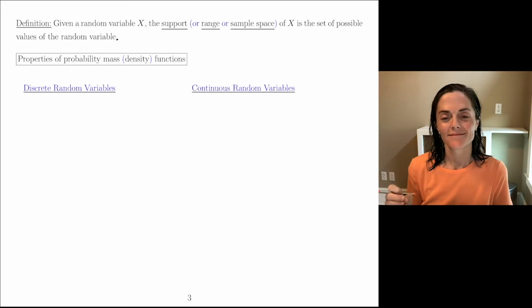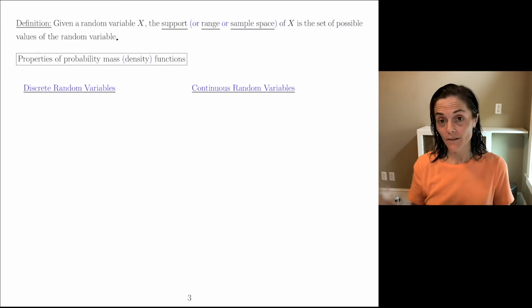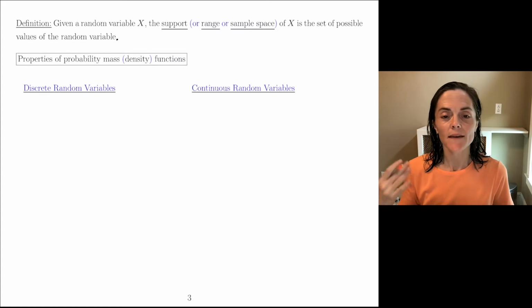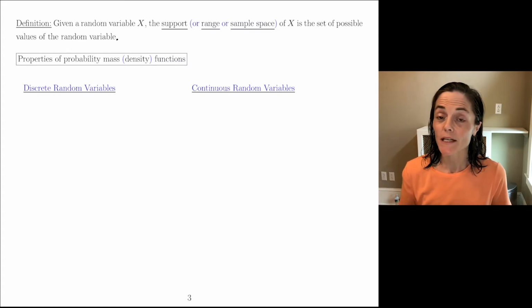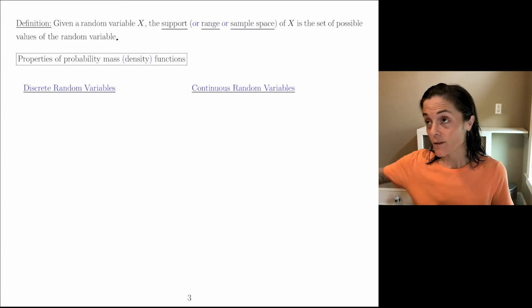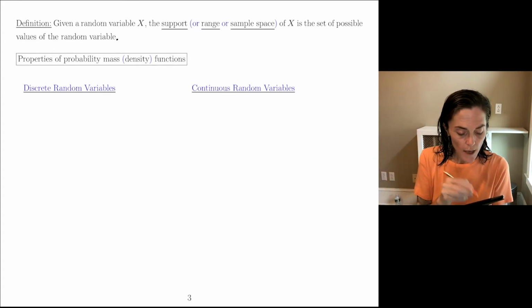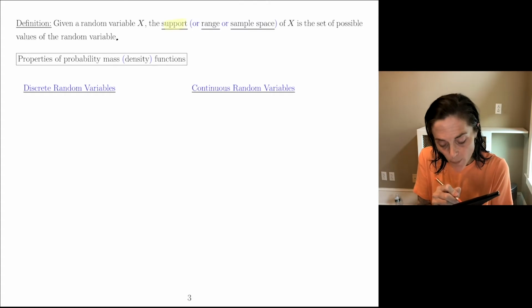Now, I want to move into properties of the probability mass functions, probability density functions. But first, let me give a definition because it's just language that's going to come up now and throughout the course. If we have a random variable x, this is usually what I will say is the support.